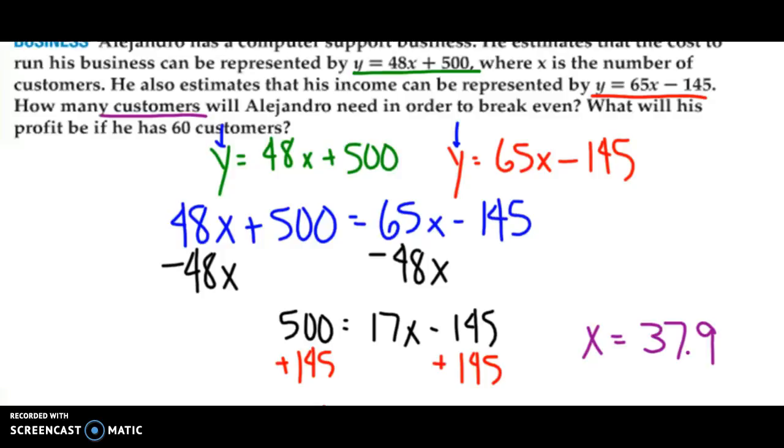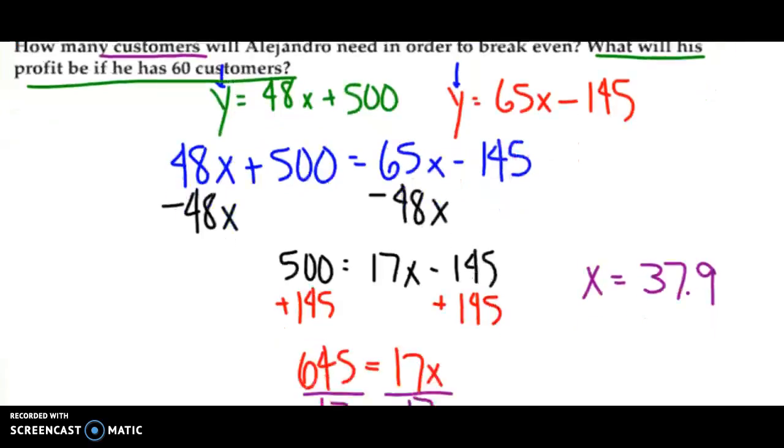Okay? Now, the real question is, what will his profit be if he has 60 customers? We have to figure out which one of those equations works to figure out his profit. What we're going to do is put that into the second equation right here. We're going to put 60 customers in for x.